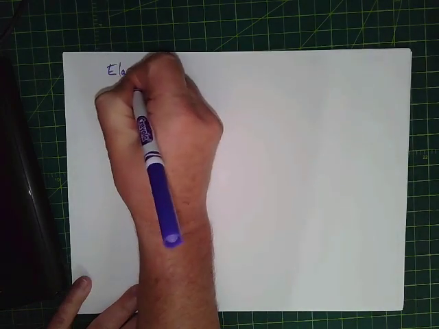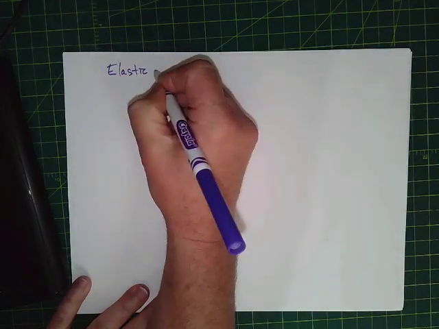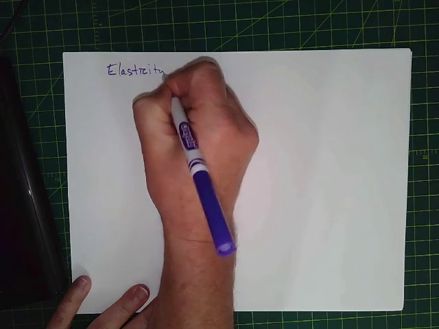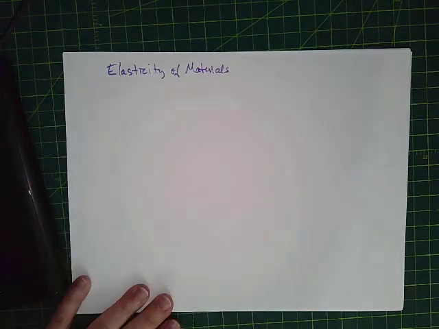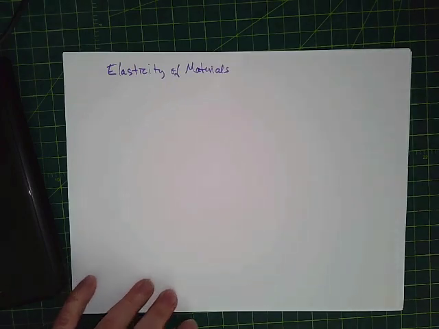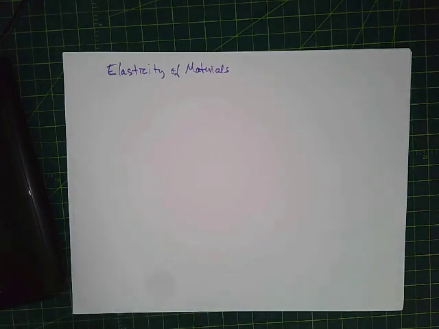All right, so we're talking about elasticity of materials. If you think about things like steel or concrete or copper, you might not think of them as being very elastic.